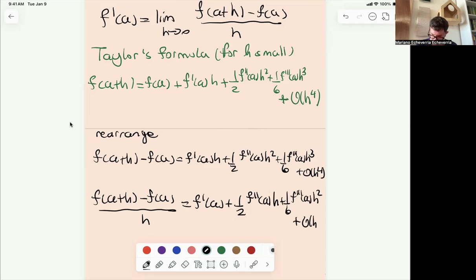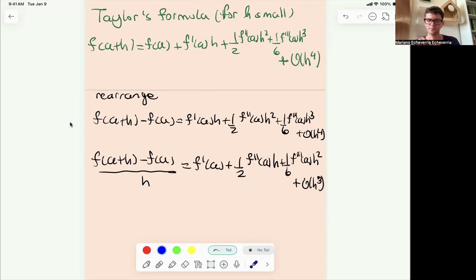And if you divide by h, then the O of h to the 4 becomes O of h cubed, okay? Is that okay so far? Is that making sense?